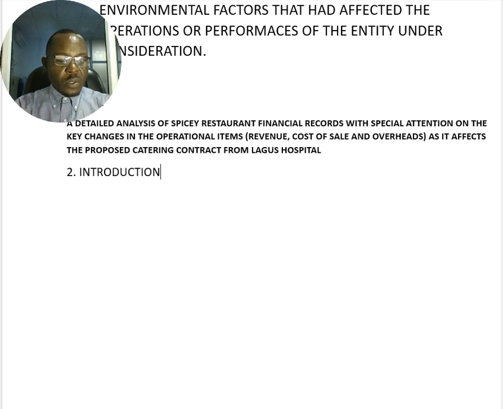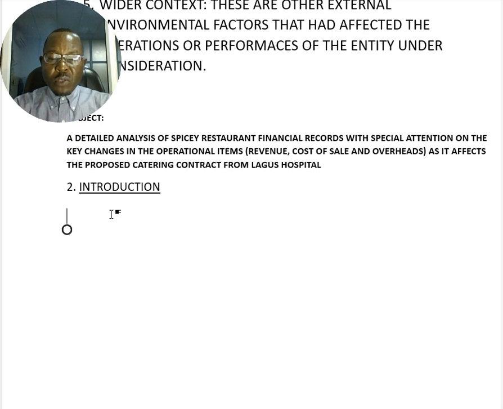The introduction is supposed to look like this. You're supposed to underline it. Okay, now come down, and let's use small letters this time around. Remember, this is the subject we're looking at.